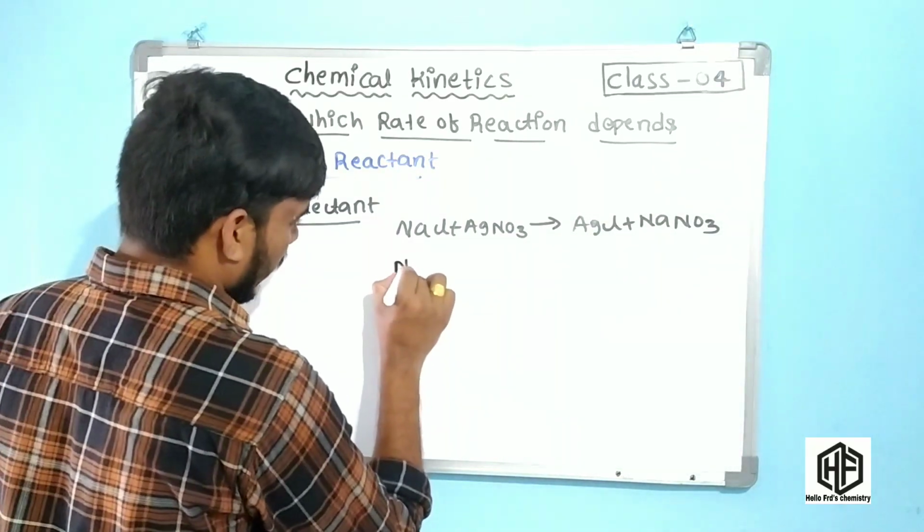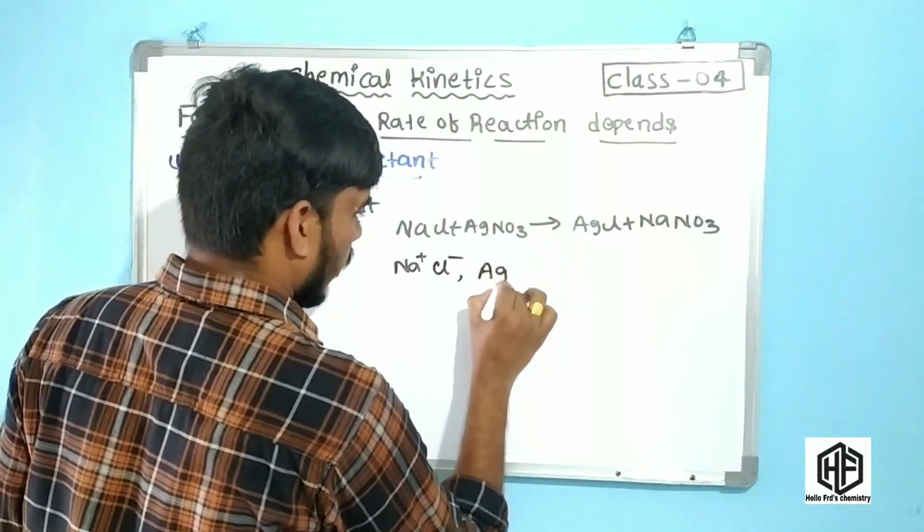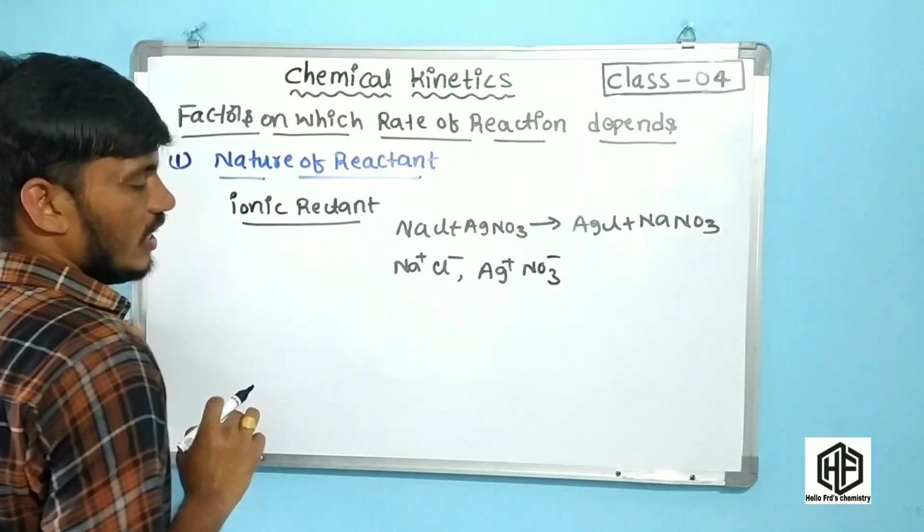Friends, these are the ionic reactants: Na plus and Cl minus, and Ag plus and NO3 minus.